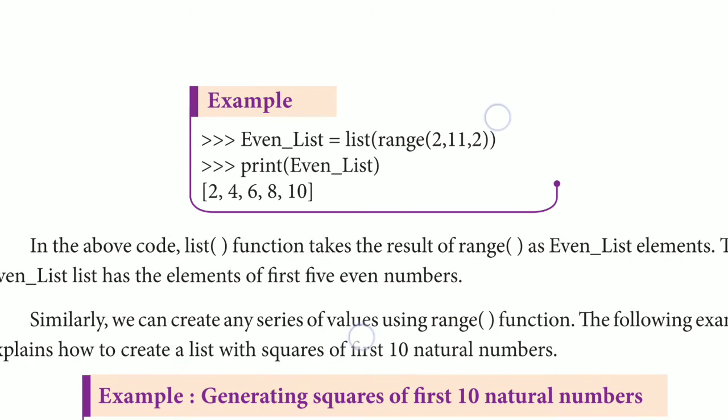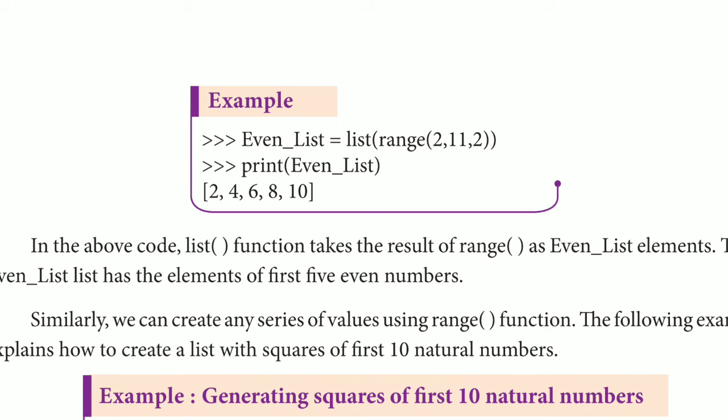Here you can see that they have created an even list. Even list is a list name which is equal to list. So this is the function list and open bracket. Inside that, range, the starting value is 2 and the ending value is 11.